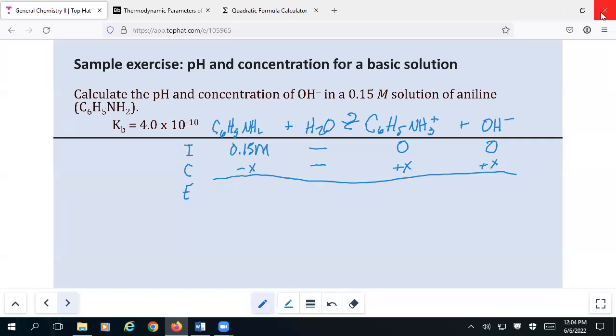But if you want to think of monotony as a good thing, the fact that it is so predictable does mean that once we get used to doing it, you can kind of just do it. So our equilibrium concentrations, 0.15 minus X for the aniline, X for the anilinium ion, X for the hydroxide ion.